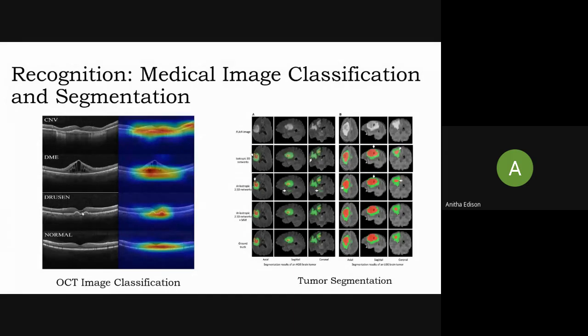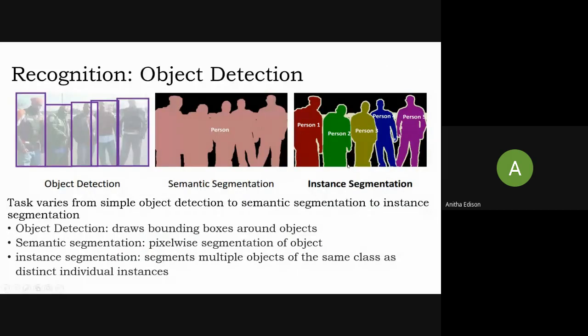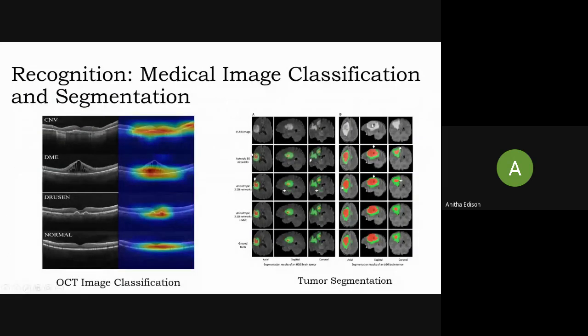Similarly, as we have done in object detection, if there are images of tumors, it can be used to segment the tumors also. So that is about image classification and segmentation in medical images.